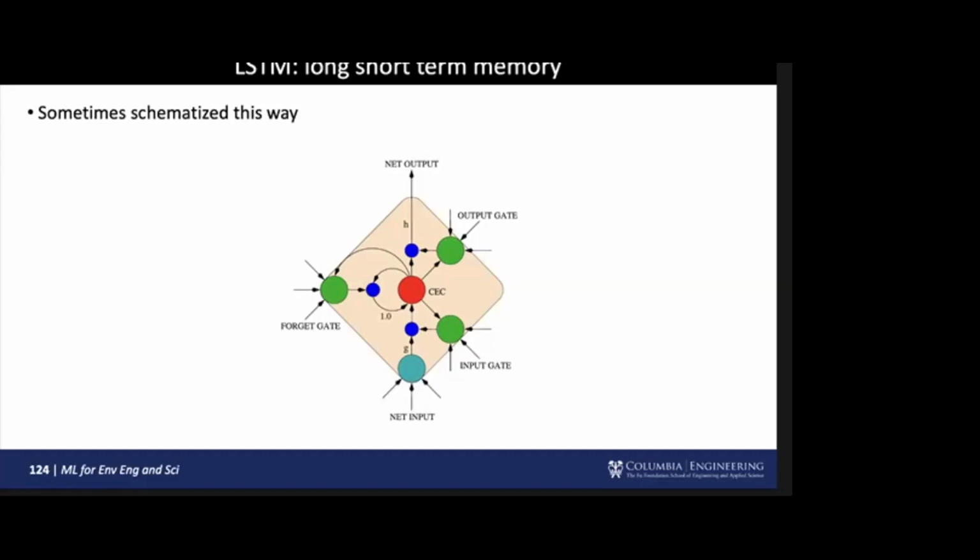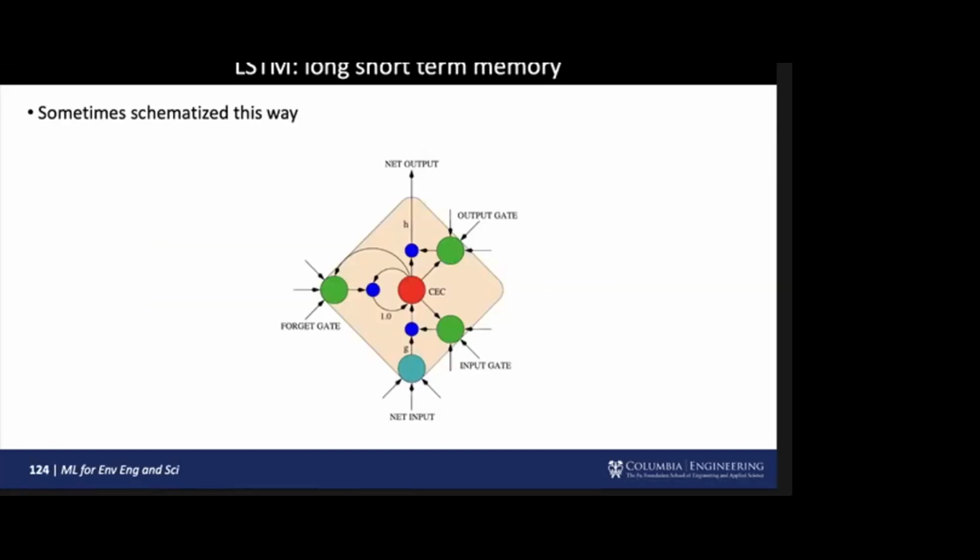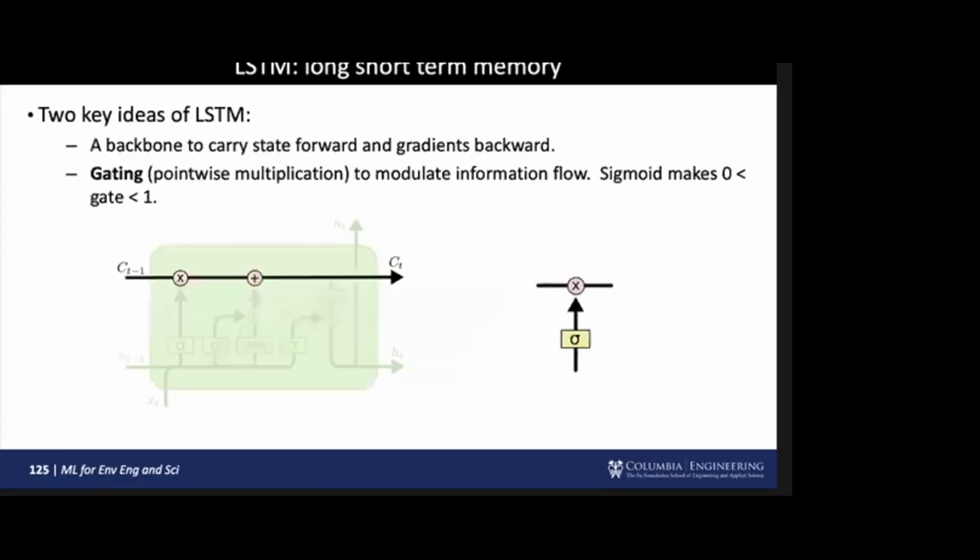This setup is what allows the network to maintain a stable long-term memory while still being able to update itself with new inputs. Are there any questions with this representation? Okay, great. Let's move to the next slide.